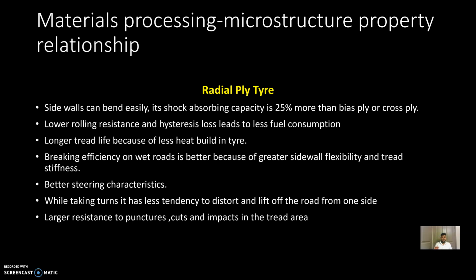It also has better steering characteristics. While taking turns, it has less tendency to distort and lift off the road from one side. It also has a much larger resistance to punctures, cuts, and impacts in the tread areas.